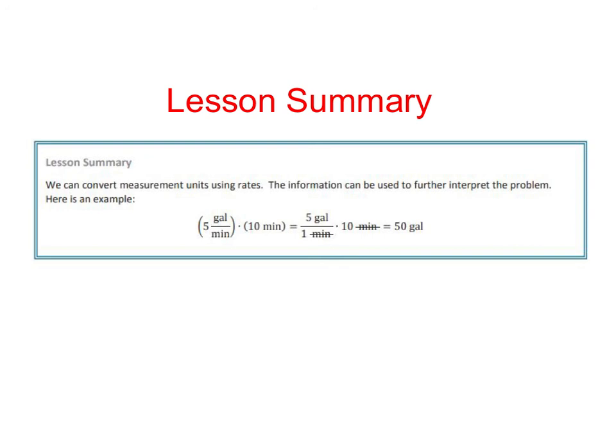An example, so the one I want to remember is this crossing out of the like units of measurement, so that I'm left with what unit needs to go on the answer that I'm solving for. 5 gallons per minute, and the 10 minutes passes. So, okay, you should be good. And then we will have a short video for the problem set. How fun is that?